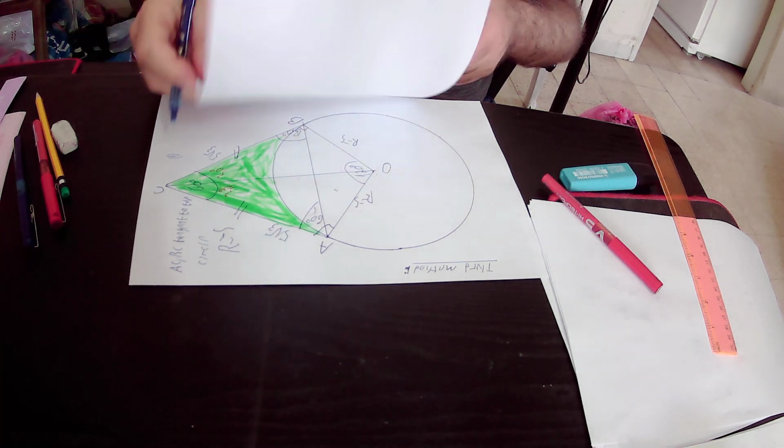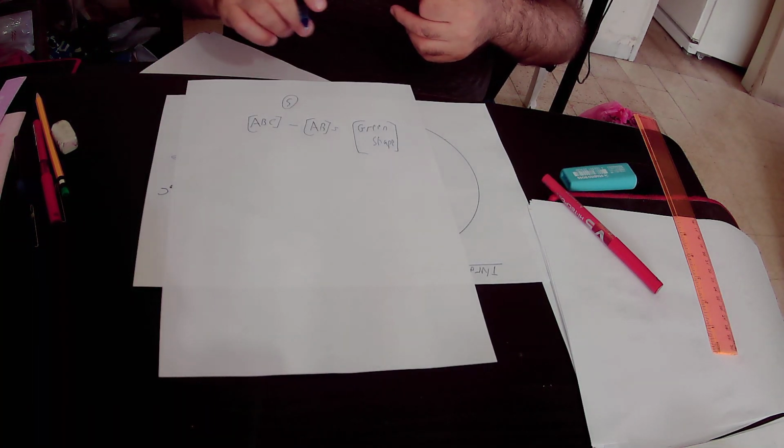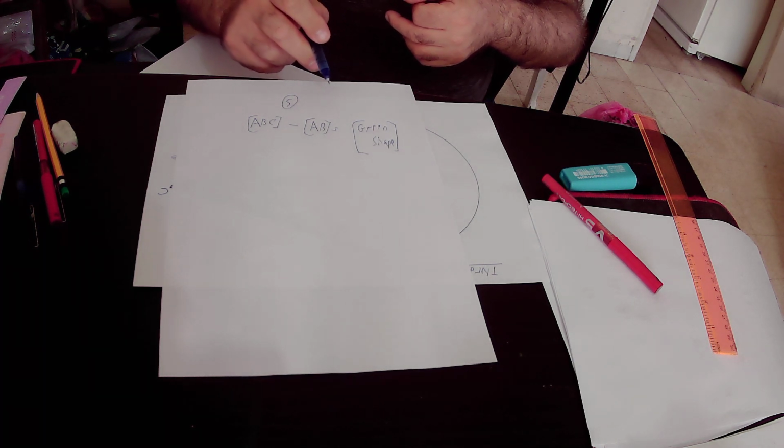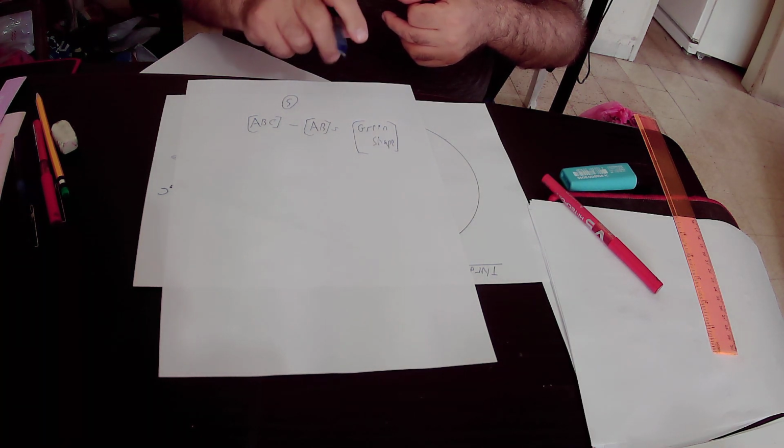Again, the area of the green shape equals the area of triangle ABC minus the area of circular segment AB.